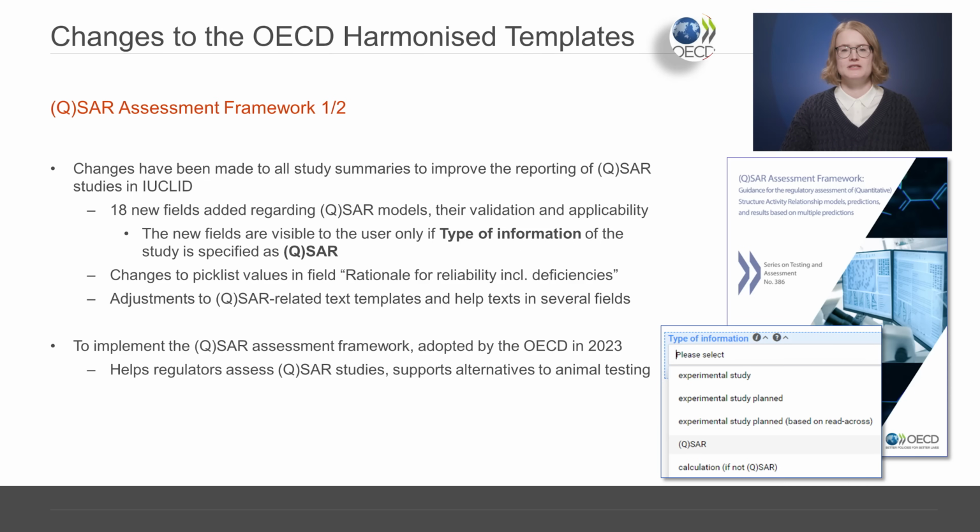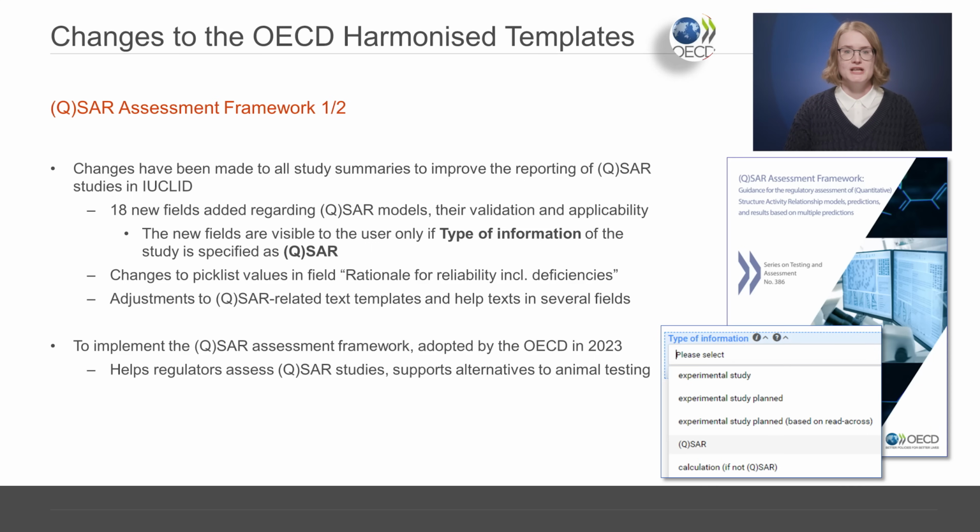Then secondly, changes have been made to the pick list values in the field rationale for reliability, including deficiencies regarding QSAR specific values. So a few new phrases have been added, some phrases have been changed, and a few phrases have also been made obsolete. Finally, a number of adjustments have been made to several text templates and to help texts with regard to QSAR-related input.